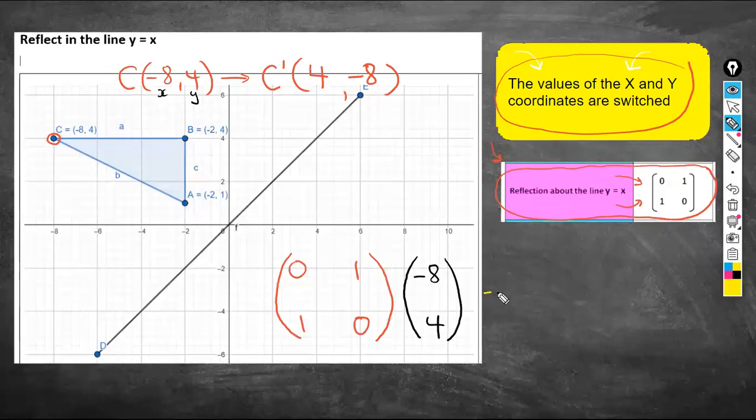I want you all to multiply this out. Let the 4 swing up to the top and do the full calculation and prove to yourself that you will actually get 4, minus 8. When you prove something to yourself, it sticks in your head and you understand it better. So go ahead, do the calculation.